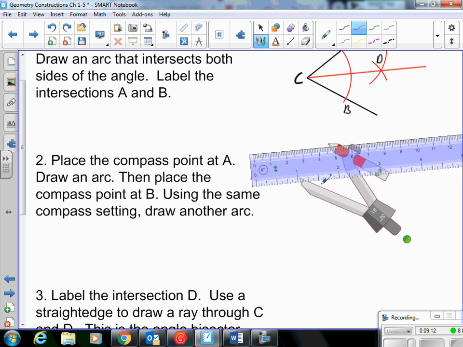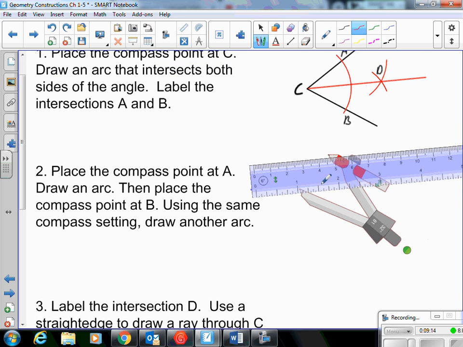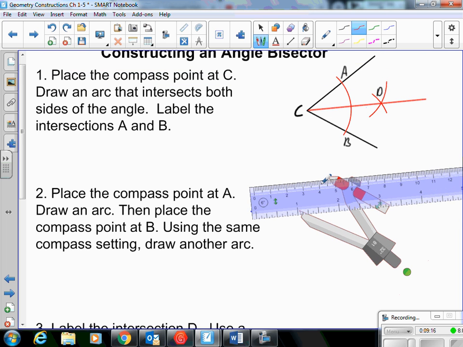And so line CD is going to be our angle bisector. Questions on that one? Three arcs and a straight line. You got it.